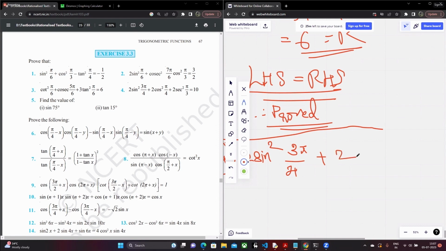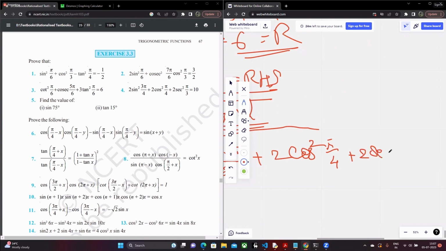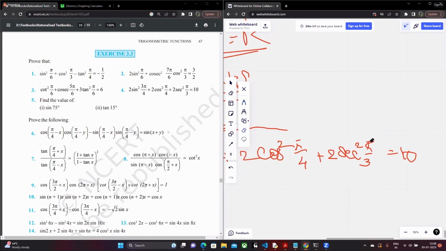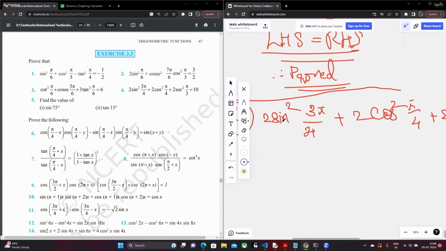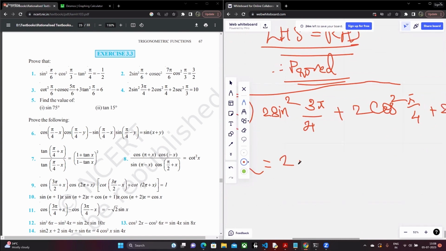So this is 2 cos squared pi by 4 plus 2 secant squared pi by 3 is going to be equal to 10. Let me just do this properly. So you have L to be 2 sine squared of 3 pi by 4.